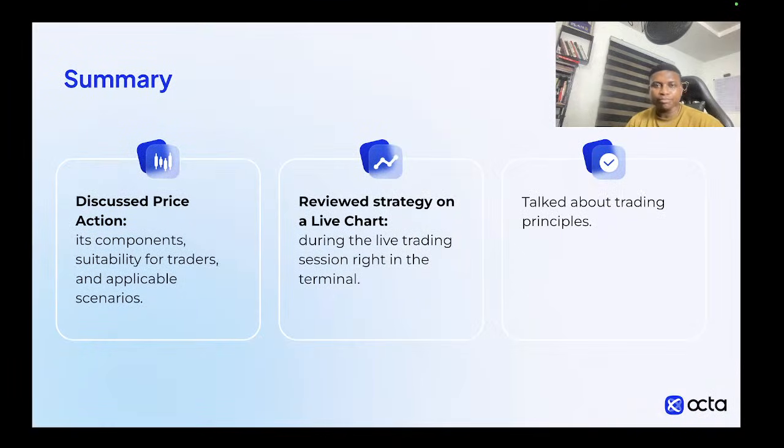All right. Now, a quick summary of what we covered is on price action. We reviewed the live trading strategy looking at price action and how it applies across various instruments. And also we talked more on risk management, where I emphasized that you leverage on the risk management tools like the take profit order and the stop loss order.